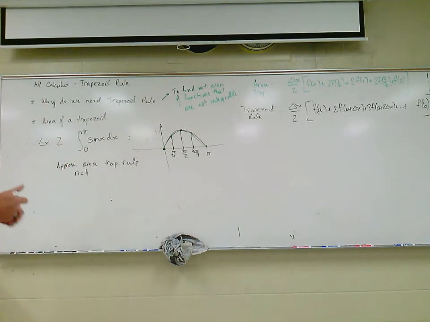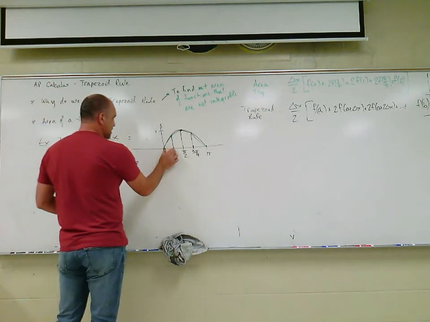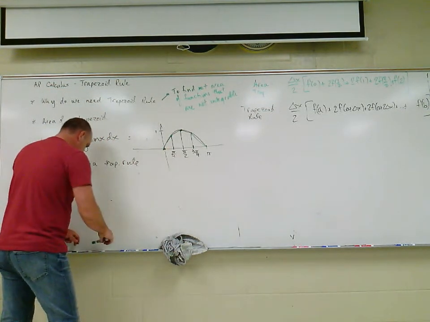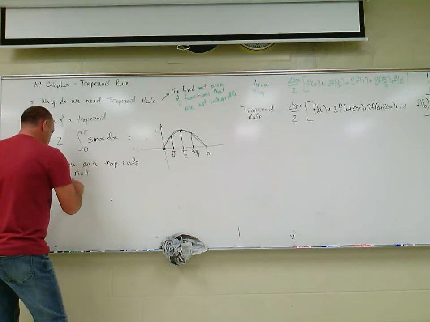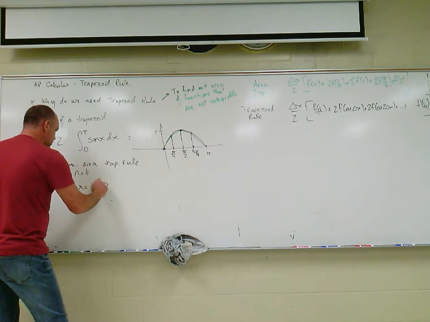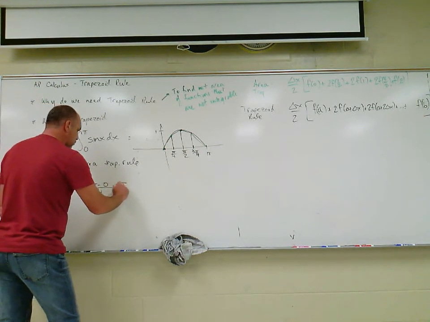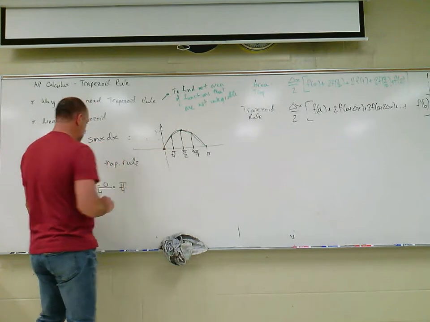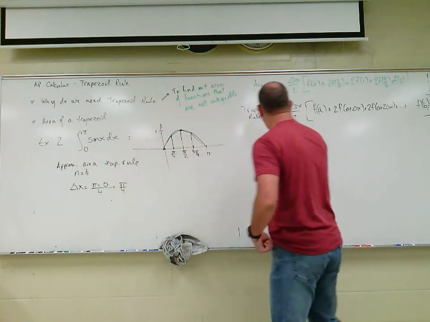All right, so let's set it up. What is my delta x? My delta x is the width of the interval divided by the number of trapezoids, so it's pi over 4, and that makes sense. So now if I'm going to do the trapezoid rule, I'll fill everything in.